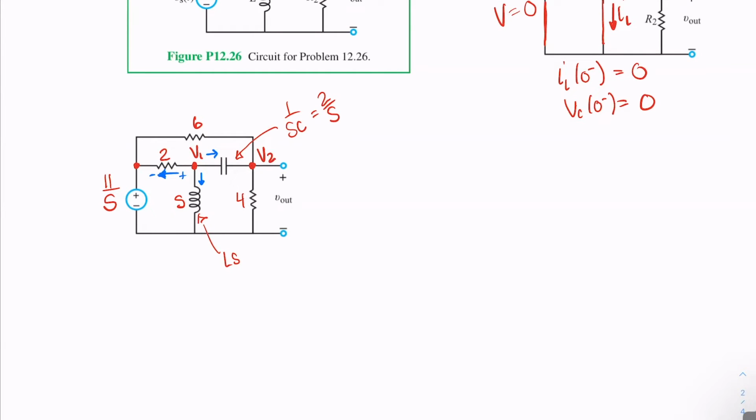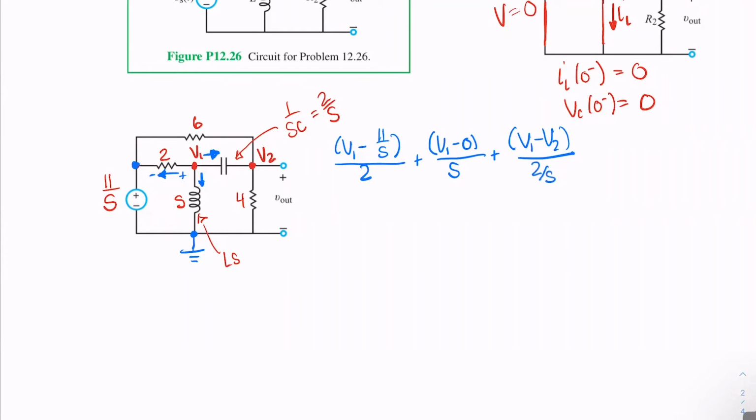So that's going to start with V1. So you would do 11 over S, over 2. All right, the one going down through the S, it's going to be ground. So if you don't see it, make sure to put in ground. So that would be my V1 minus 0 over S. And then the one going through the capacitor, 2 over S. And that's one of my equations.